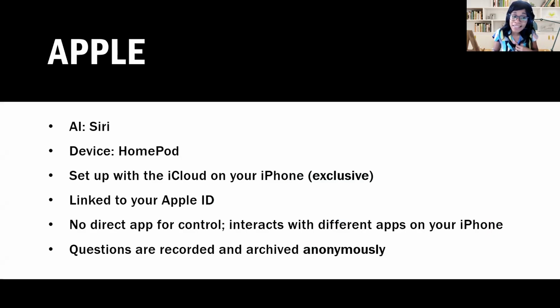So the HomePod is set up with the iCloud on your iPhone exclusively. So Apple tends to be, of all these companies we'll mention today, the most particular about compatibility and wanting to keep you using Apple-specific products. So it is linked to your Apple ID.